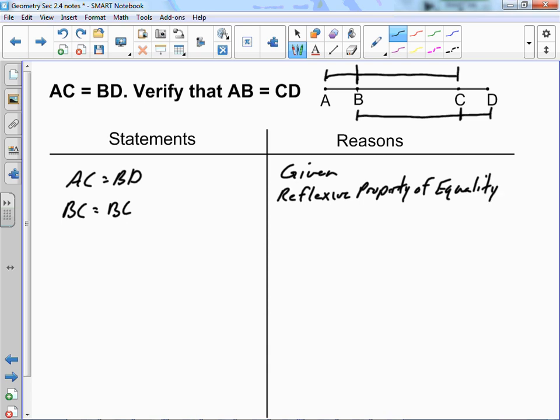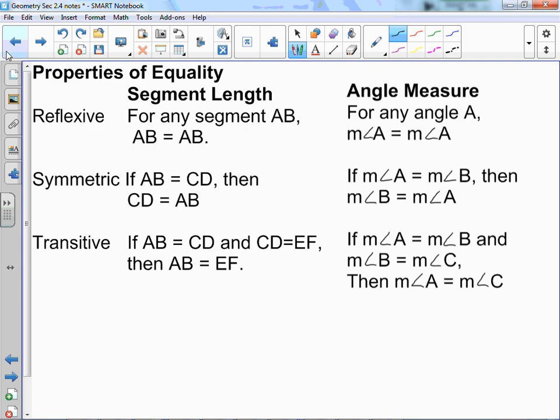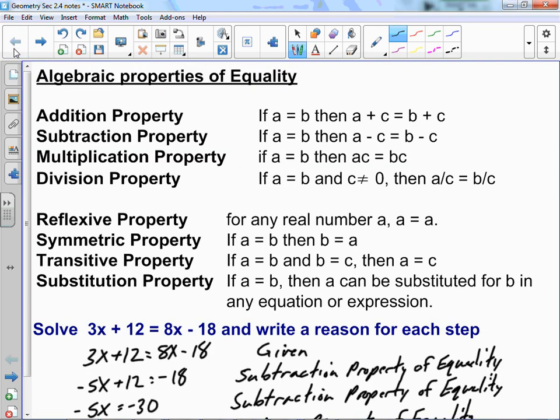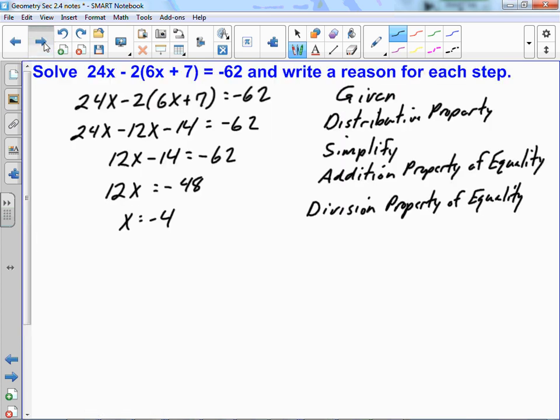All right, so now if BC is equal to itself, then this is kind of like, if we look back here at our properties of algebra, like the addition or subtraction property. If two things equal each other, then I can add the same thing to both sides or subtract the same thing from both sides, and I still maintain my equality.